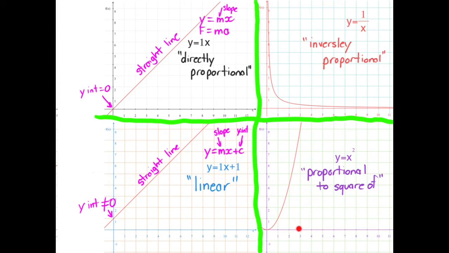If I triple x, I get 3 squared, a 9-fold increase in y. So I find it easy to think of that just in terms of the formulas, but hopefully now you can see, in terms of directly proportional, inversely proportional, and proportional to the square of, how we can interpret or determine that proportionality from looking at a graph, and that accords with the way that we explained it using the formulas as well.